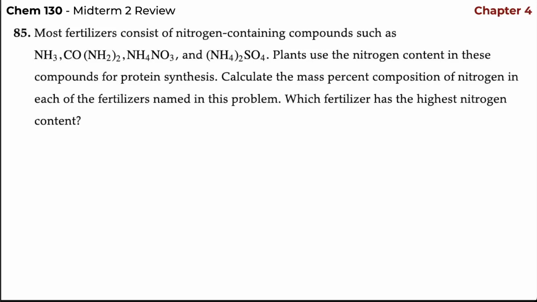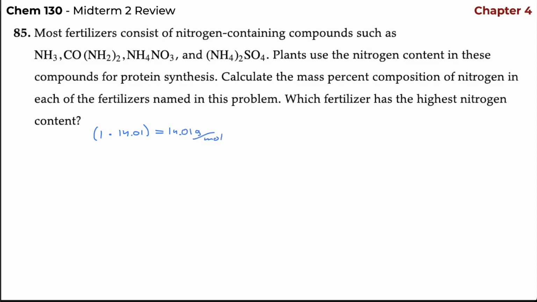So first we find the mass of nitrogen on its own. That's just 1 nitrogen atom times 14.01, which is the atomic mass, so 14.01 grams per mole.